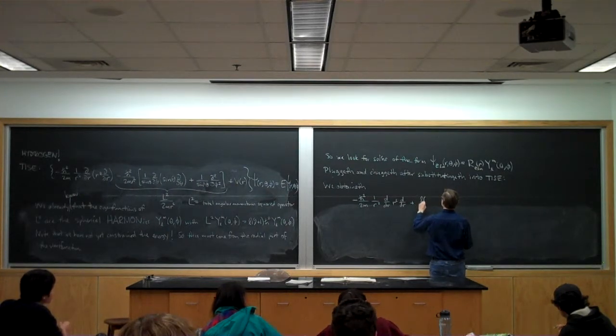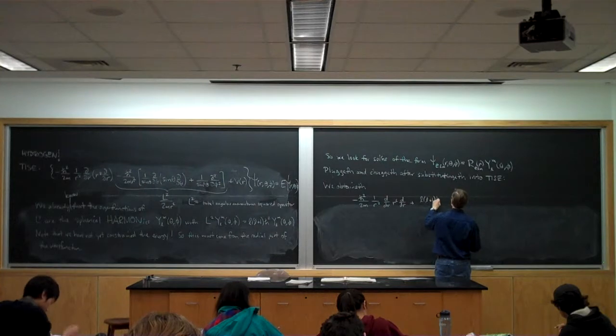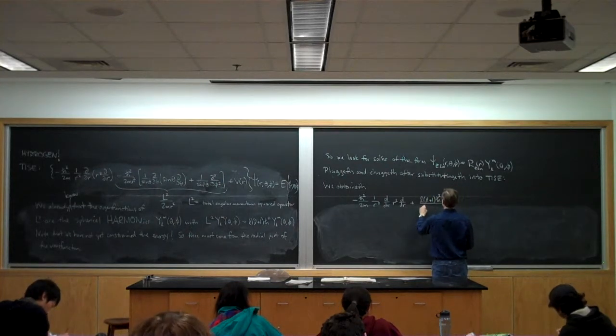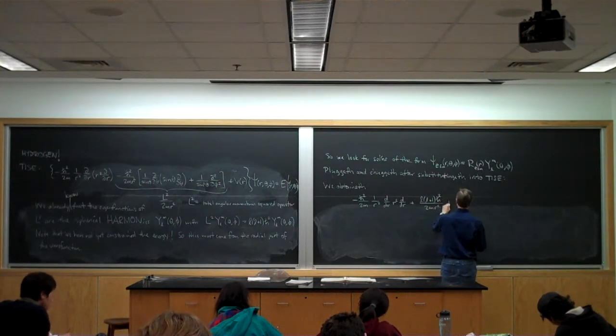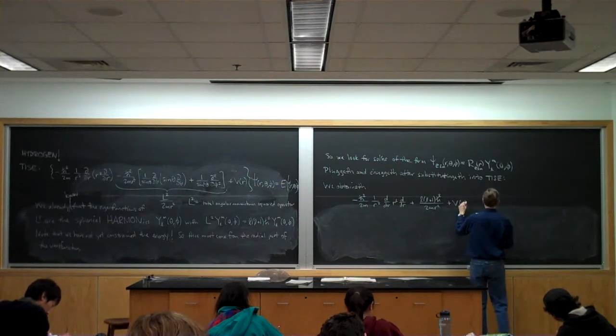So we'll get l(l+1) h bar squared over 2mr squared plus V of r.